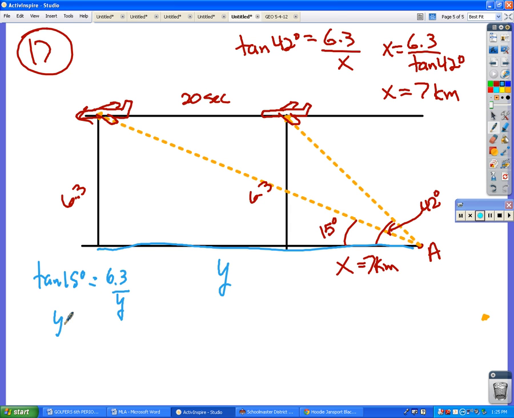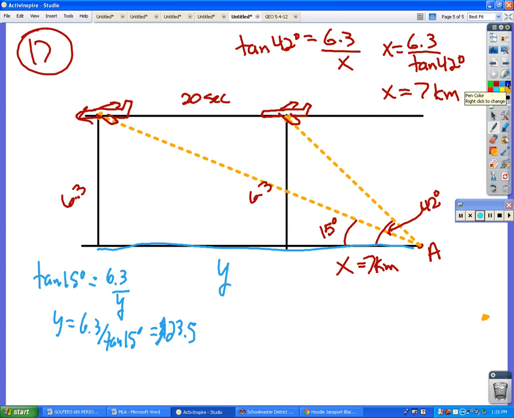So again, flip those around and say y equals 6.3 divided by the tangent of 15 degrees. And what you get from that? 23.5. Okay. Having an off day today. It's too nice outside for anyone to be thinking about this.